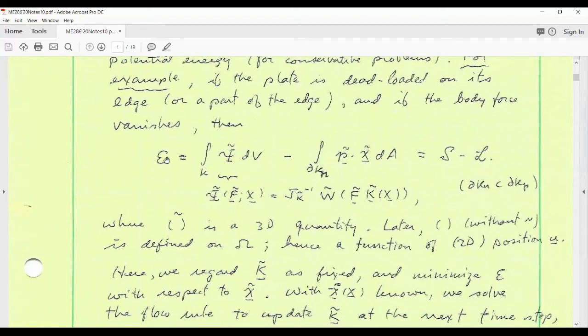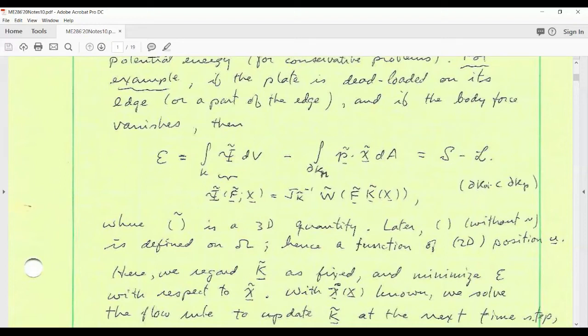Under these conditions, the potential energy we talked about some months ago, that's the integral, if you recall, of the strain energy, subtract the load potential, which for dead loading looks like this, and d kappa n here is a subset of the traction portion of the boundary, which is also a subset of the edge.